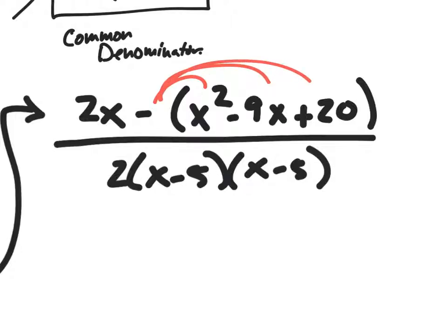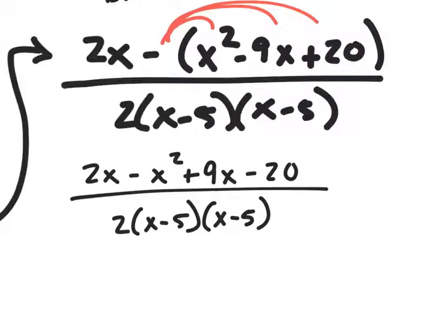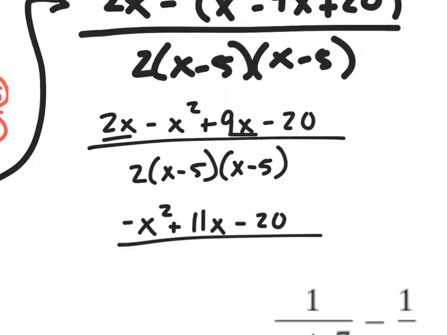So I've got 2x minus x squared plus 9x minus 20 all over 2 times x minus 5 times x minus 5. Now let's combine our like terms. I got 2x and 9x, it's going to be 11x. So I got negative x squared plus 11x minus 20 all over 2 times x minus 5 times x minus 5.